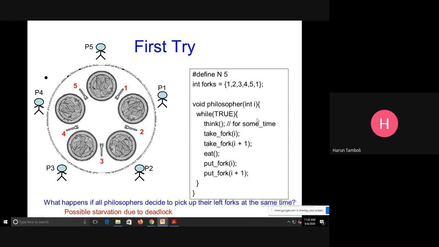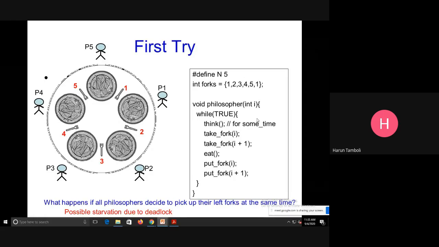After that, they call take fork again for the second chopstick, at their left side. If both chopsticks are available, then they perform eat. After eating, they put down the first chopstick at the right side, and then the left chopstick by I plus 1. That is the first try.